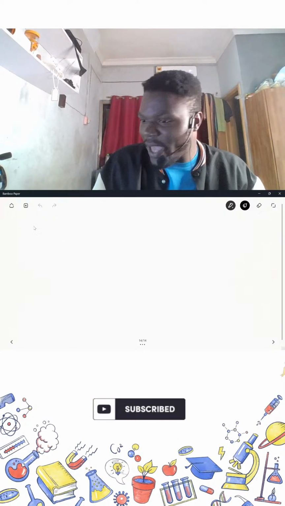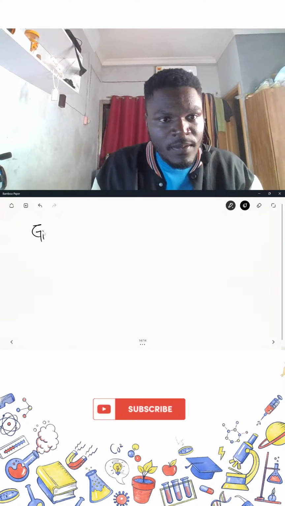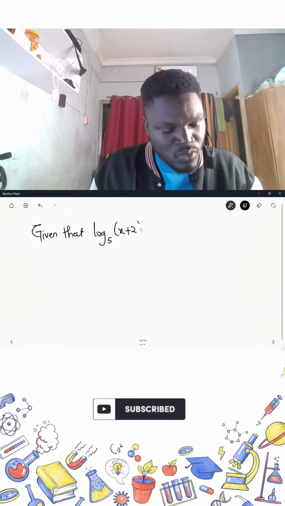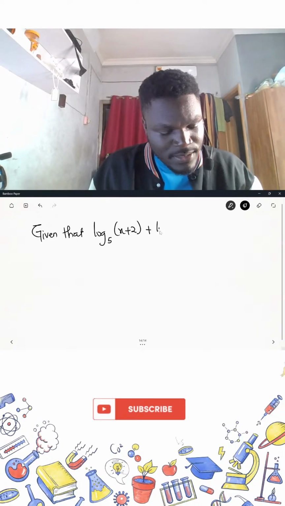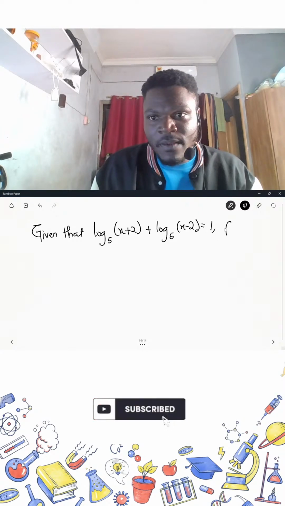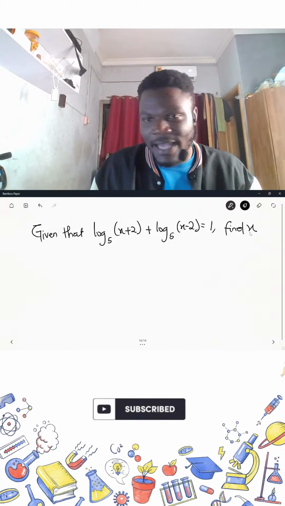So here we have, given that log base 5 of x plus 2 plus log base 5 of x minus 2 is equal to 1. Find x.